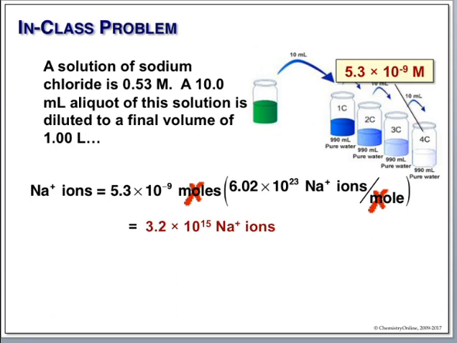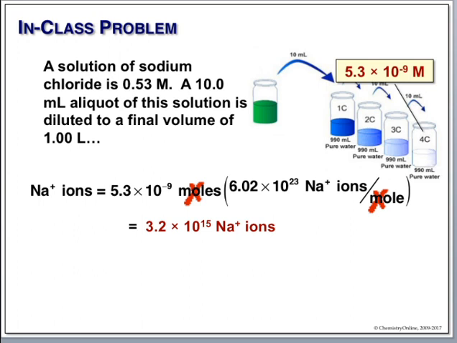Now I told you that most homeopathic solutions are diluted at least 10 of these cascades, right? If we did 7 more of these cascades, just 7 more, how many sodium ions do you think we'd have? 32.